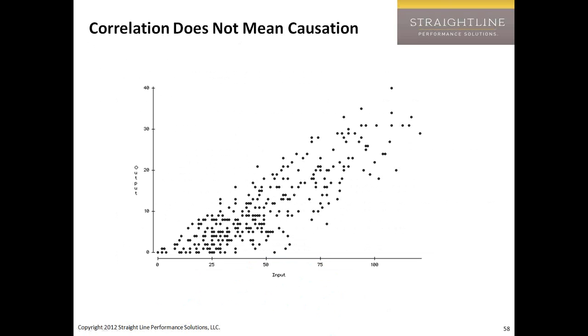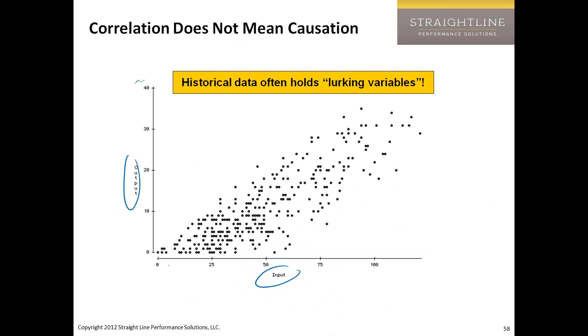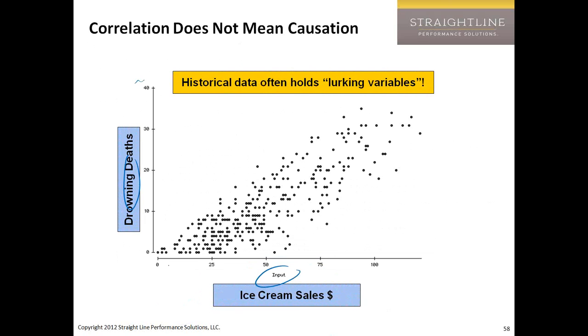If you did think that correlation meant the same thing as causation, you would think that surely this input would cause this output. But now, how do you feel when we put in what this is really about? Suppose we looked at ice cream sales and the number of drowning deaths in an area. Does it seem reasonable that ice cream sales drive drowning deaths?